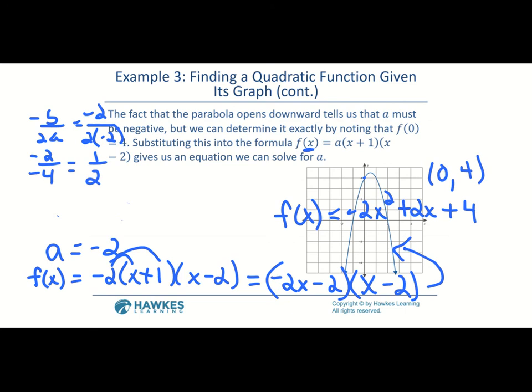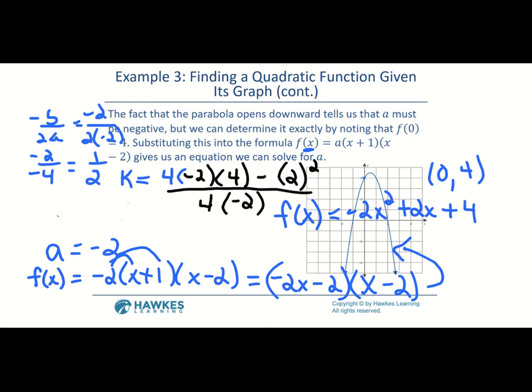So let's do, so k, we're going to do 4 times, I'm going to switch to a different color, -2 times 4, that's 4ac, minus 2 squared, all over 4 times a, or -2.